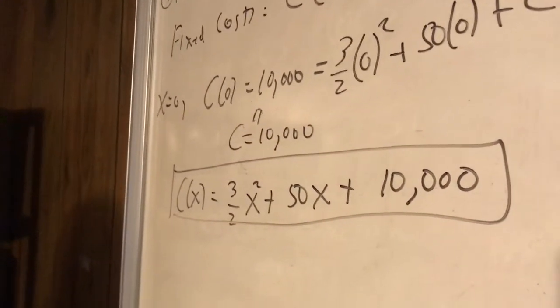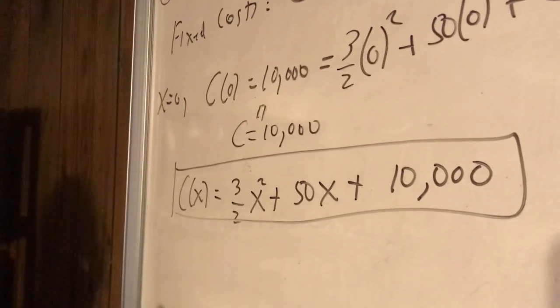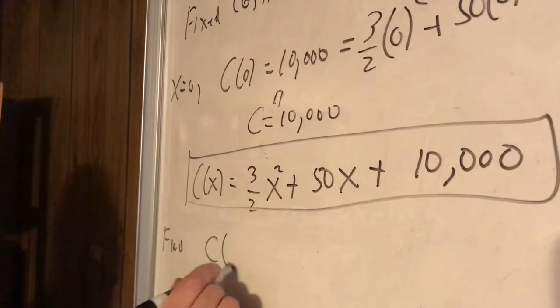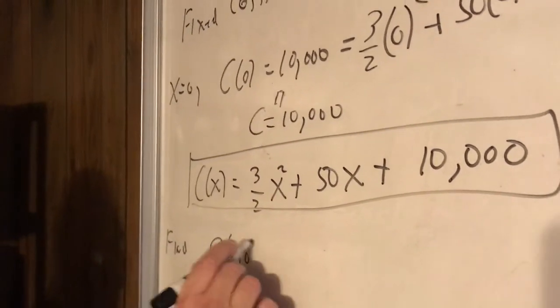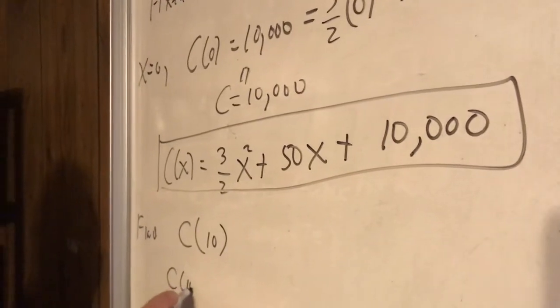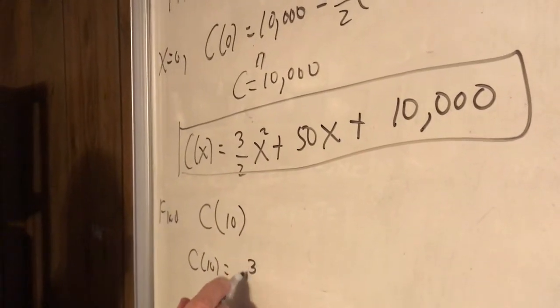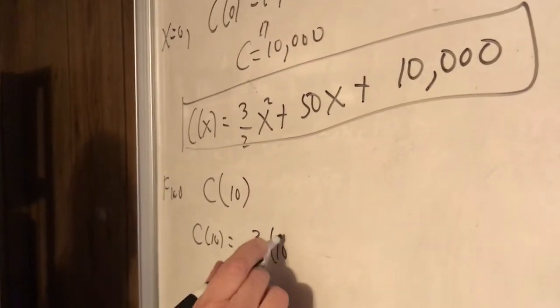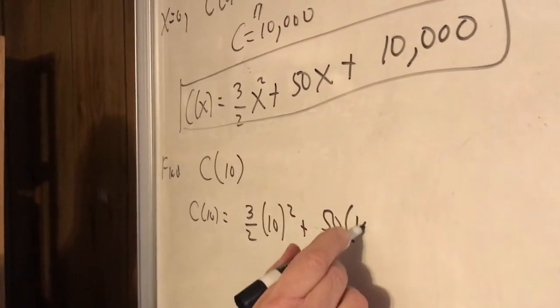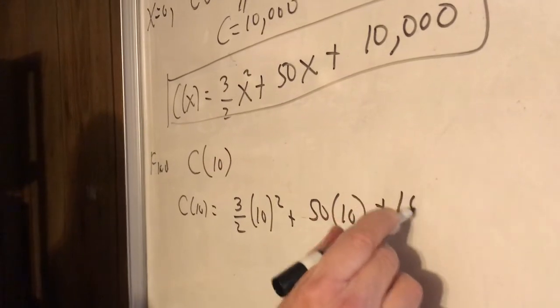So now if they said, for example, find C(10), you substitute in for x: 3/2 times 10 squared plus 50 times 10 plus 10,000.